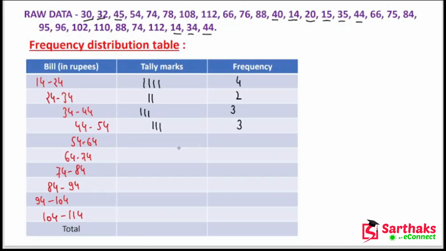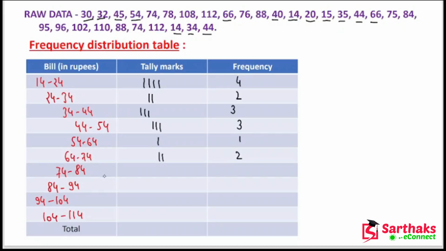Now we should have from 54 to 64. 54 would be included, so we have 1, and till 64 we do not have any more. So we have only 1 entry, so we can write 1. Then from 64 to 74, 74 would not be included. We have 1, 2, so only 2.